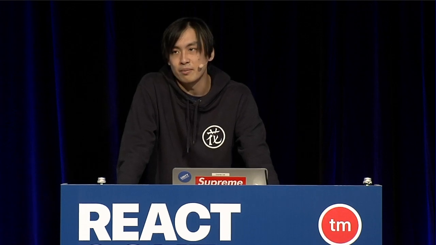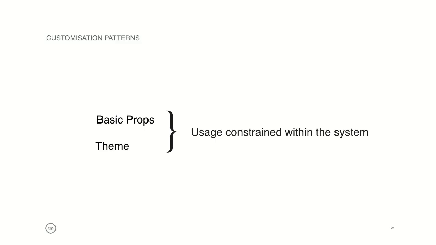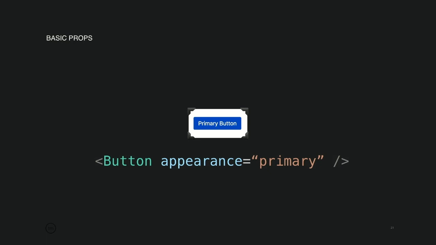Well, let's not be too complicated. This is kind of the common theme for React components. We can use basic props, and we can use a theme to constrain a user within our system. By basic props, I mean primitive prop types that allow us to abstract style and DOM implementation from the user.